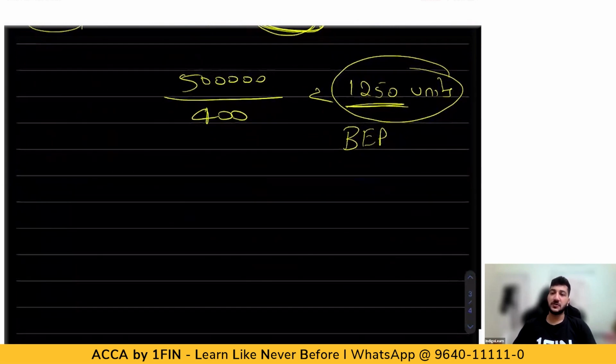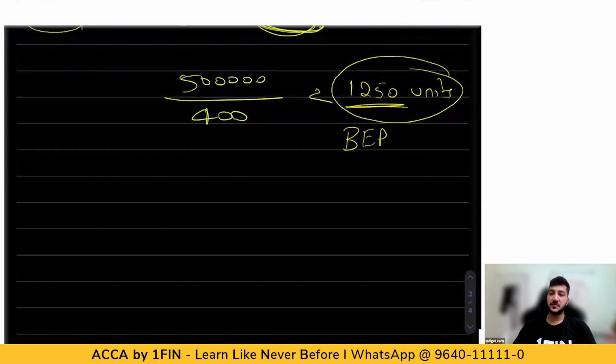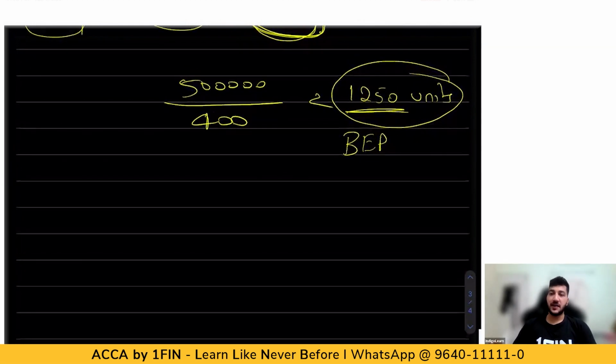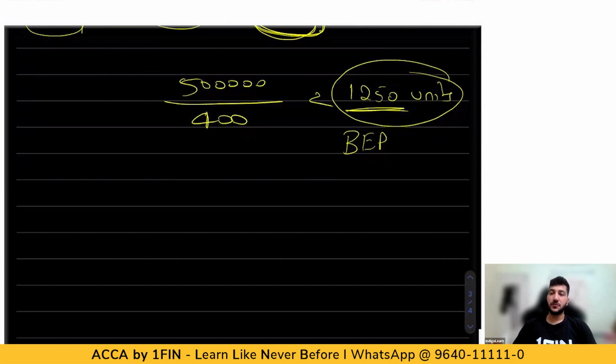When I get to the contribution, variable cost is already subtracted, which means variable cost I'm already considering. So here the only issue is the fixed cost, and fixed cost I will have to cover. I need to produce and sell 1,250 units in order to get to the break-even point.